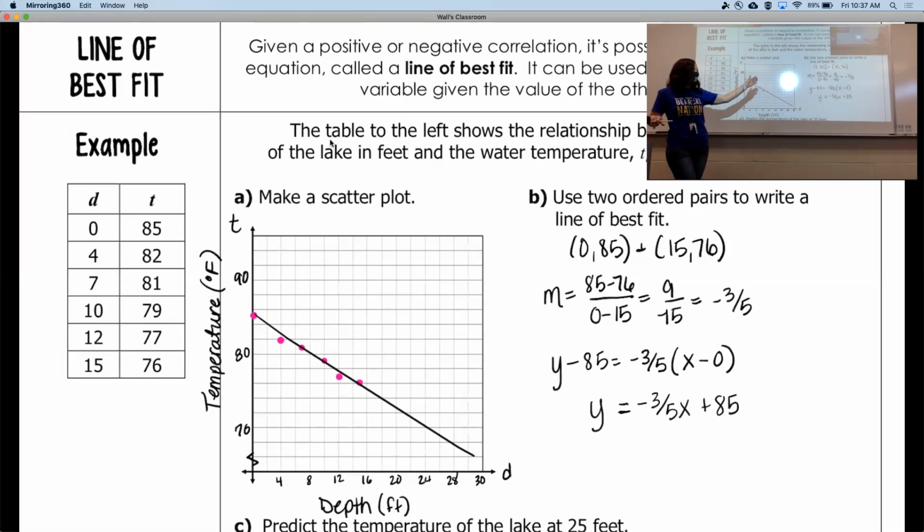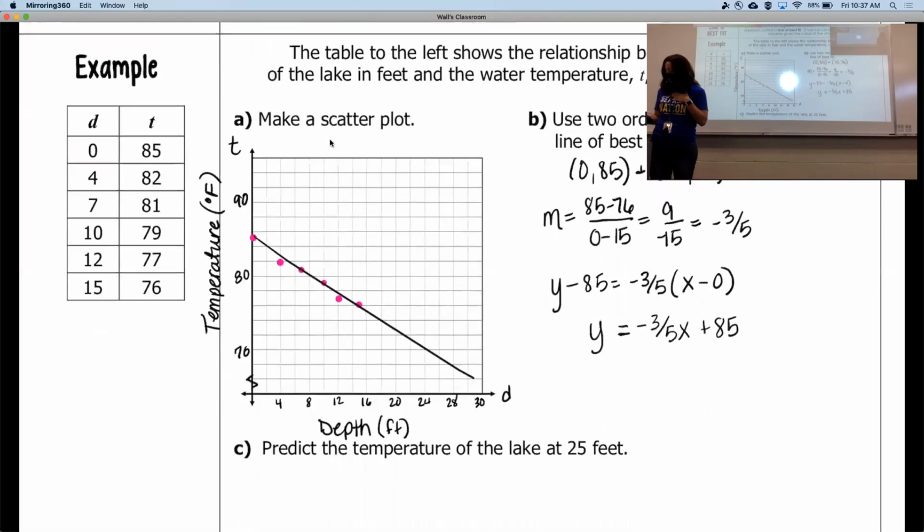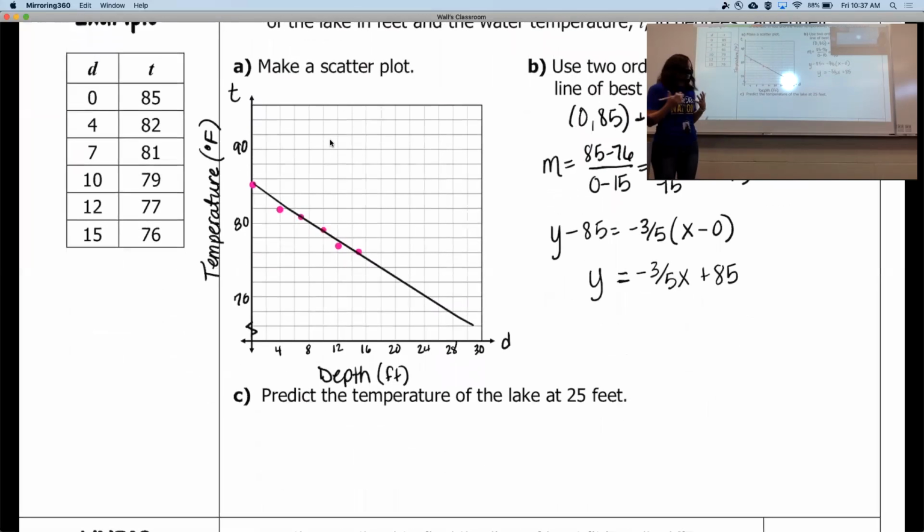If I plug in a depth, I'm not for sure going to get that temperature if I go out and measure that depth and find the temperature. Okay, it's just a predictor. It helps us to get a good idea of what it might be, which is exactly what we're going to do next. We're going to predict what the temperature of the lake would be at 25 feet.